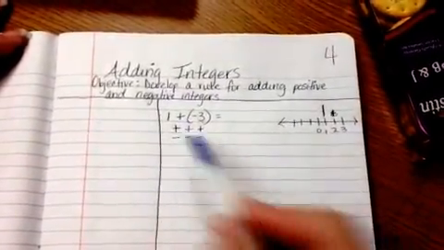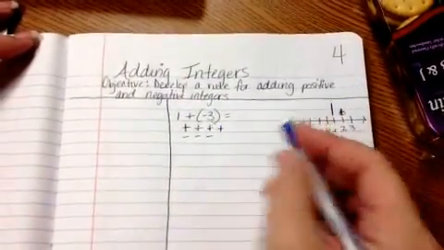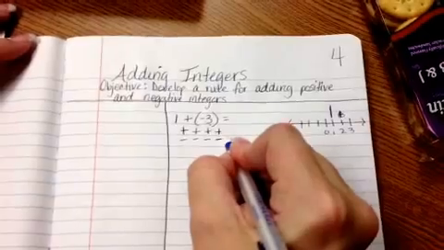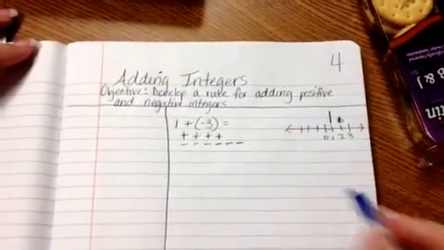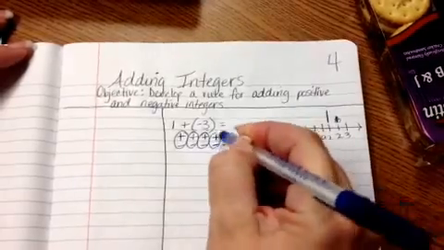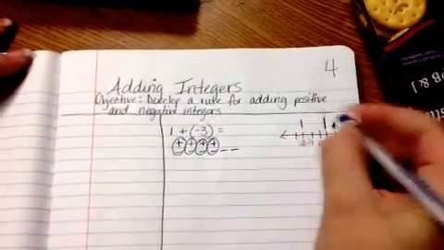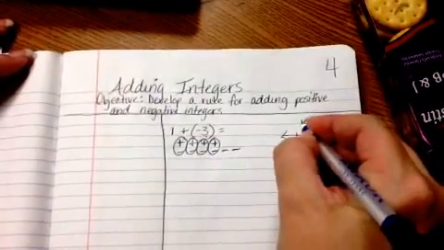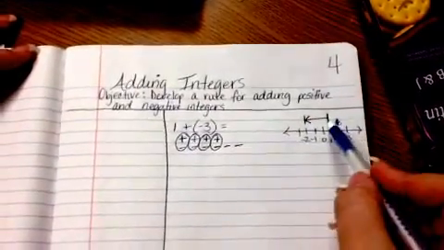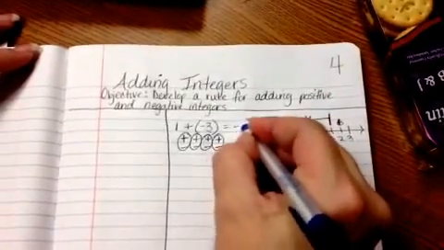So right now this is a total of 0. This is a positive 1, and so now we're going to add negative 3. Add negative 1, negative 2, negative 3. Here's a 0. And that leaves us with 2 negatives. So 1 plus negative 3 equals negative 2.